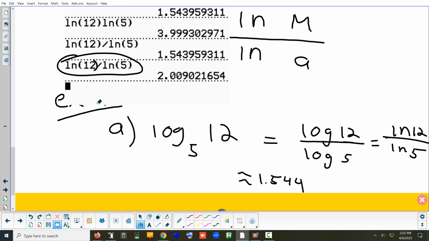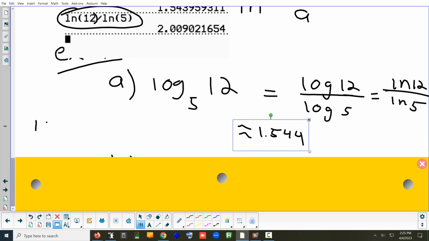All right, now think about that number for a second. 1.544. Logarithm always equals what kind of number? It always equals an exponent. So think about the original problem. At one point, we didn't know what it equaled. So pretend it equals x. What's your base here? 5. What's the exponent?